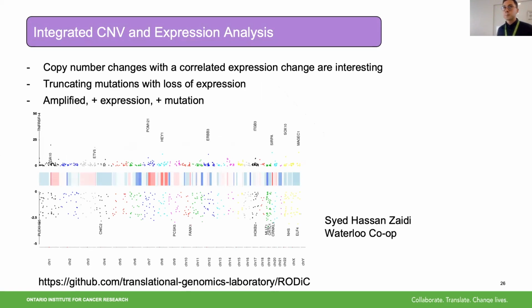And again, it's still quite a manual process, but these can be clues to help drive our hypotheses for further pathway analysis. This is a plot from a tool called Robotic, which we are working on. And it was worked on a lot by John, who's in our group, as well as our Waterloo Co-op student, Syed. And it plots copy number results against the z-score.